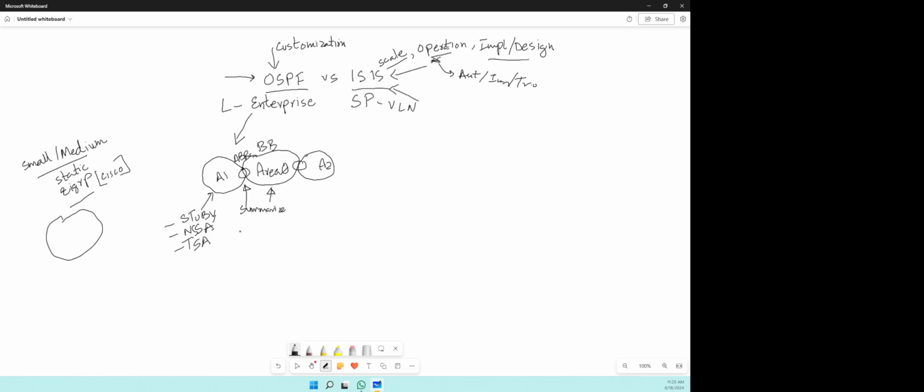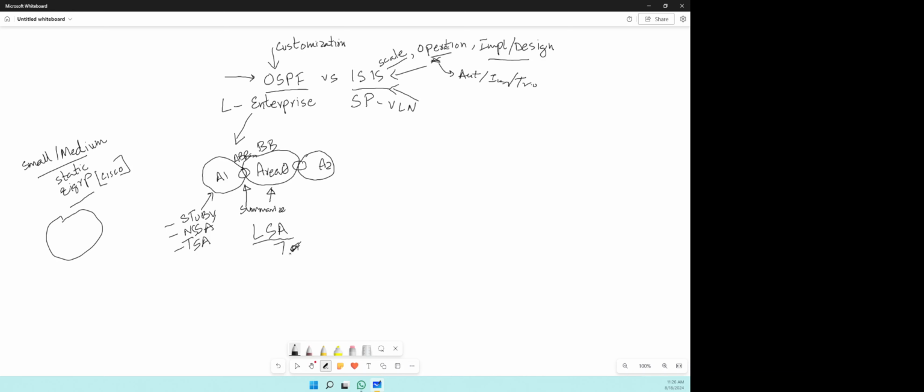Number 2, the number of LSAs. The LSA is a piece of information that a routing protocol exchanges. The number of LSA types that OSPF could potentially exchange is at least 7.